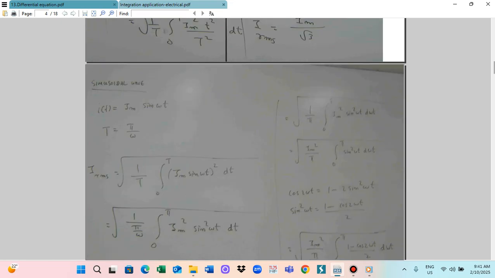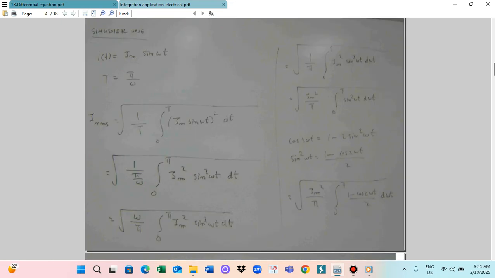Another one is that we can calculate the IRMS value for the sinusoidal wave. For the sinusoidal waveform, we also have to calculate the IRMS value.